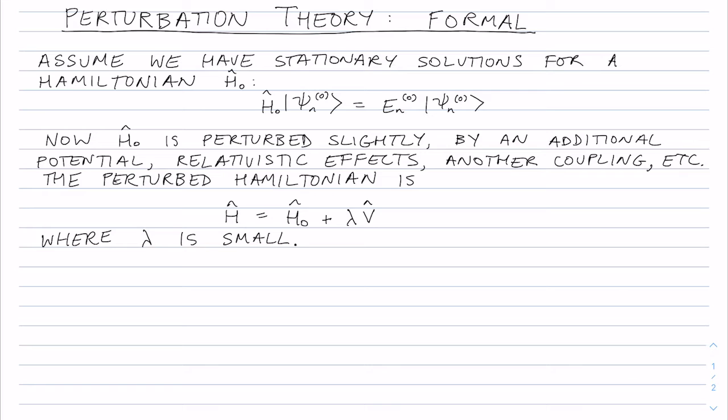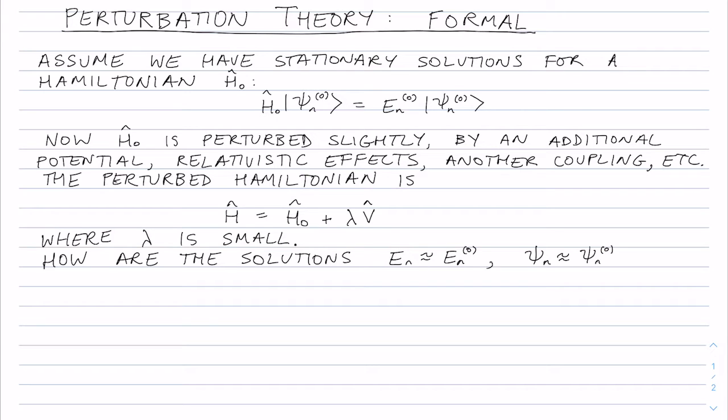Okay, and so the question is, how are the solutions changed? So the solutions En are going to be close to the unperturbed one, because lambda is small, and the exact solution psi n is going to be close to psi n naught because, again, lambda is small.